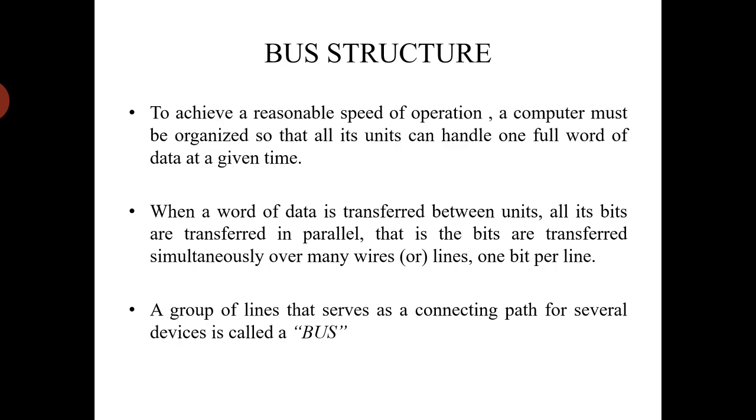The processor, memory, input device, and output device are individual parts of a computer, and we have to connect them in an organized way. To achieve a reasonable speed of operation, a computer must be organized so that all its units can handle one full word of data at a given time.